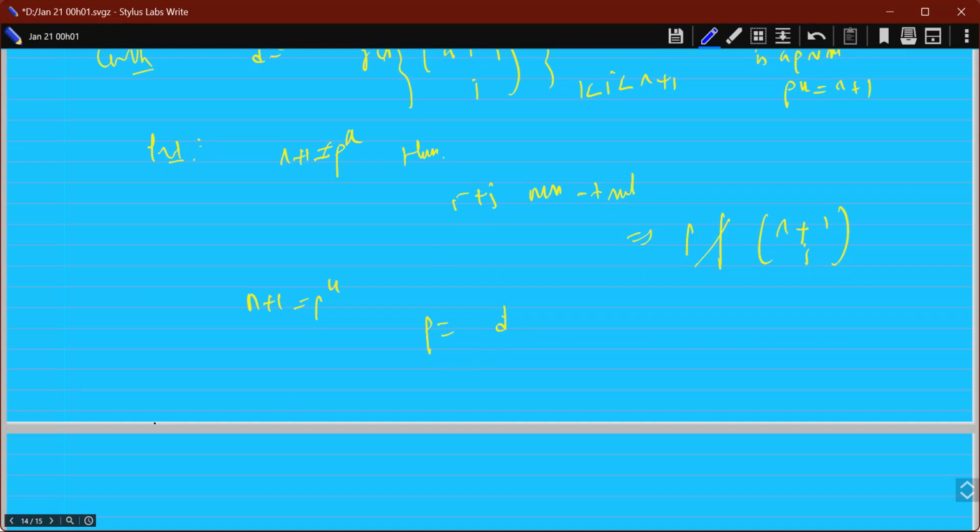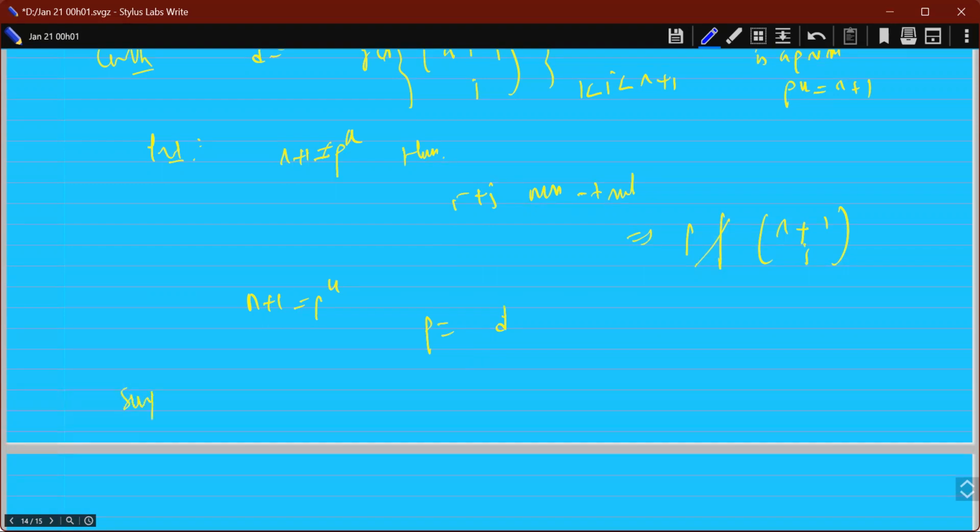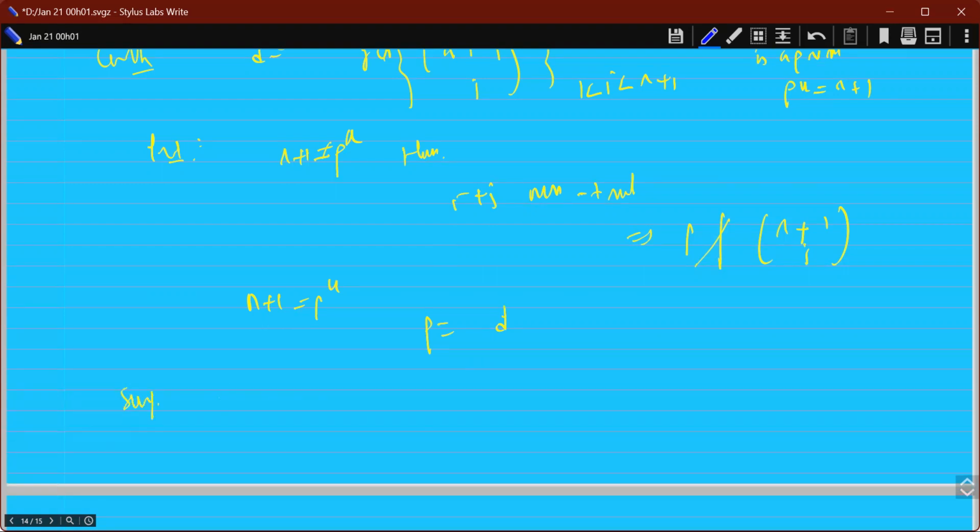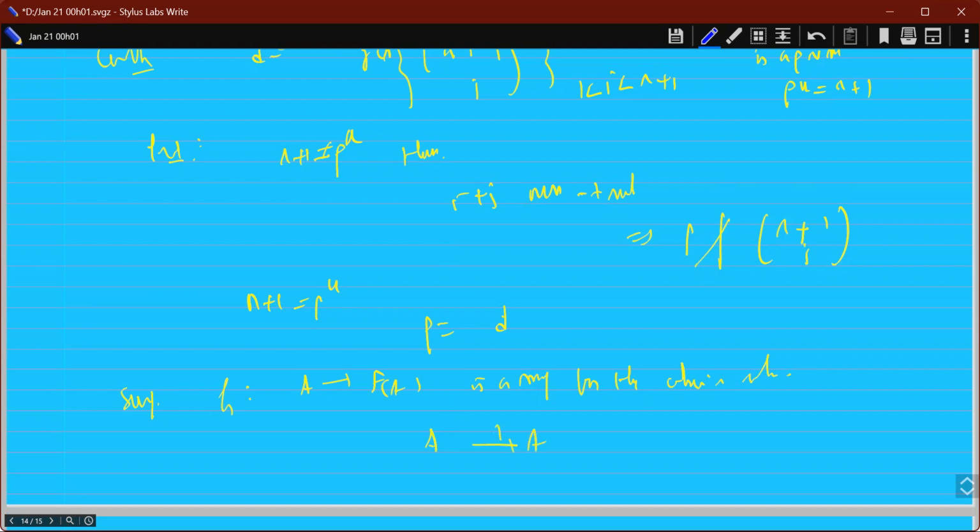Now, okay, so now suppose zeta from A to A. So suppose it is a map for the obvious solutions of the equations, right? So we'll have such a factorization, where this lambda dash is a map for the non-obvious solutions, right?